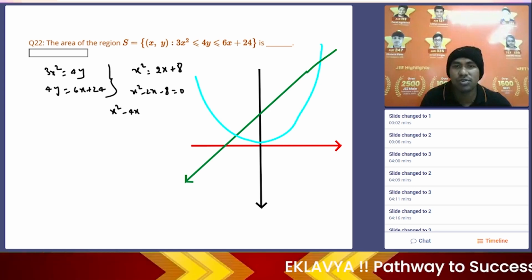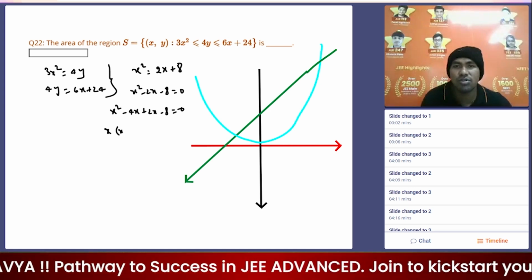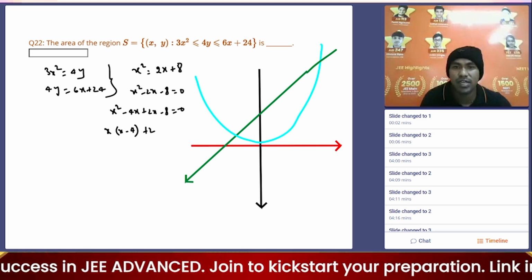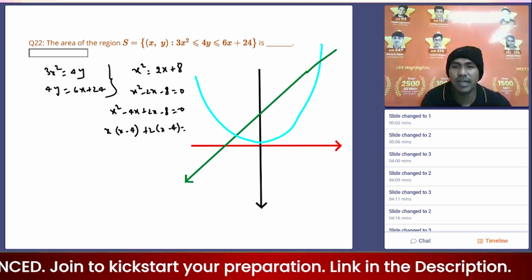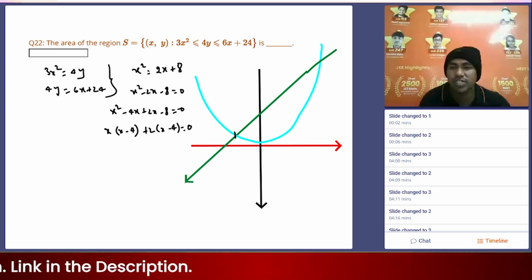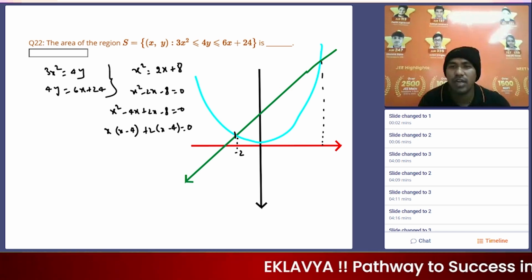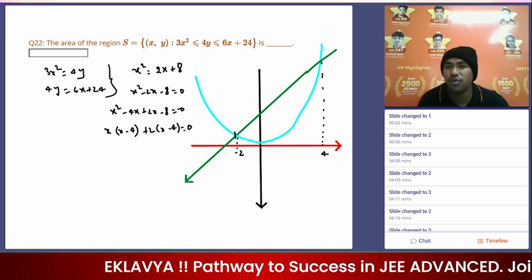You will write x square minus 4x plus 2x minus 8 equals 0. If I take x common, x minus 4, plus 2 common, x minus 4. Then points of intersection are, one is at minus 2. At this point it is intersecting, right? And another one is intersecting at the other point, that is x equal to 4, right?